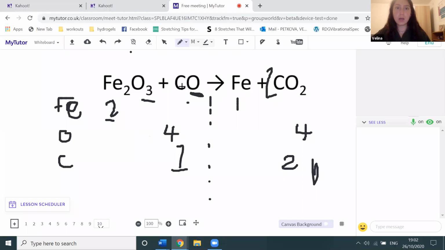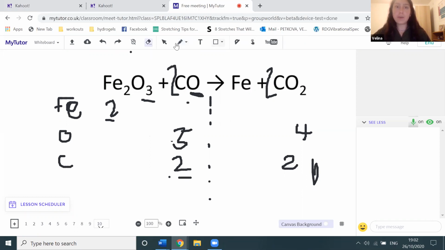So now we're going to have to find a way to balance our carbons. We're going to put a 2 in front of this. So now we're going to have a change in the number of carbons and oxygens on the left hand side. We're going to get 2 more oxygens, so now we're going to have 5 oxygens on the left hand side, and 2 carbons. So now the carbons are balanced, but the oxygens are not balanced again.